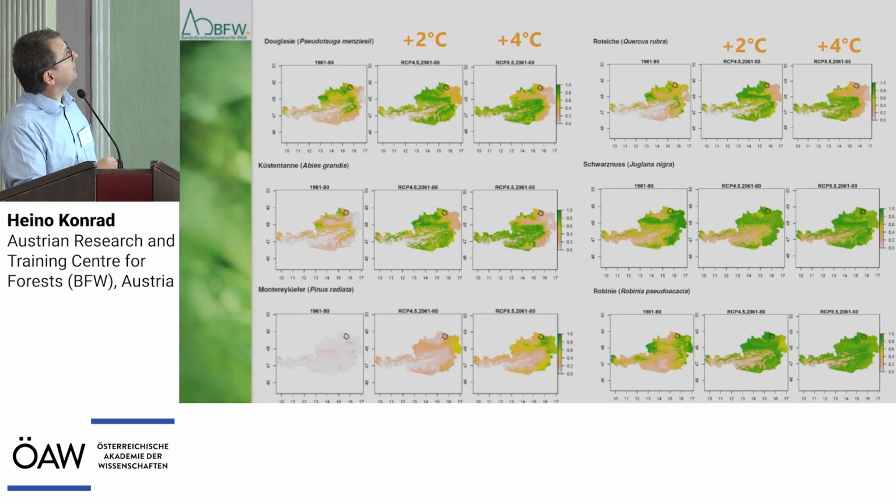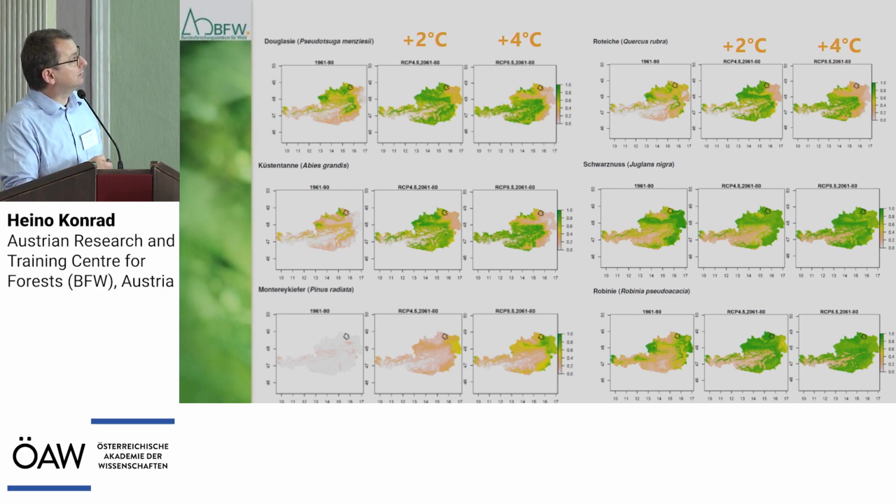Just a graph showing the view of the tree species. Douglas fir is doing well under our current +2 scenario, but what happens at +4? Less area covered. Same goes for red oak and Abies grandis.